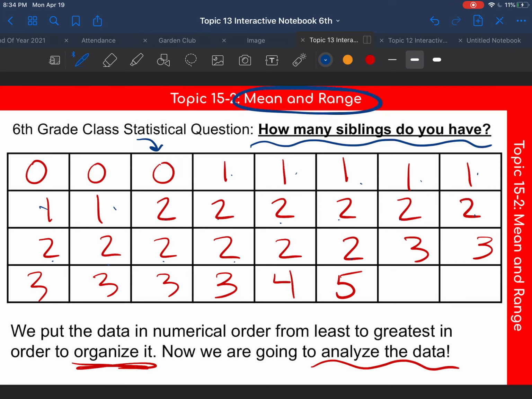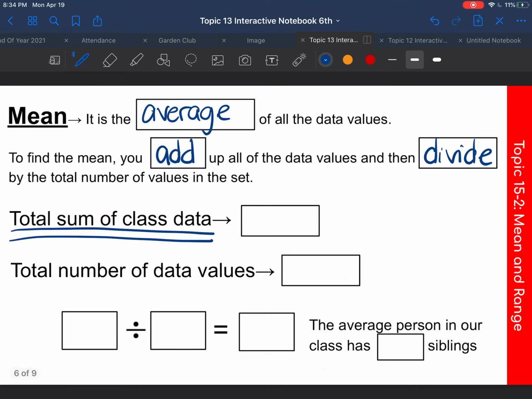So 7 plus 24. Then I have 1, 2, 3, 4, 5, 6 threes. So 6 times 3 is 18, so plus 18, plus 4, plus 5. So the sum of all these data values, hopefully you got the same thing, 58.